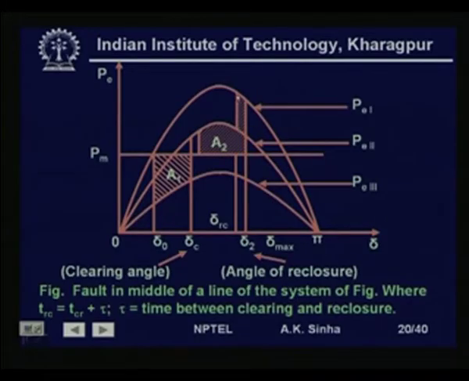So, again in this case, if we are assuming it to be a transient fault which is cleared, which is most of the time, then we can find out the accelerating area available, that is the accelerating area up to the clearing time, and the decelerating area available will now be given by this. So, if the reclosure occurs at delta C r, then suddenly the operating point jumps to this point, and the decelerating area available will be given by this.